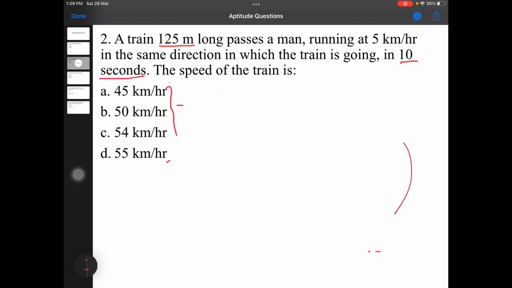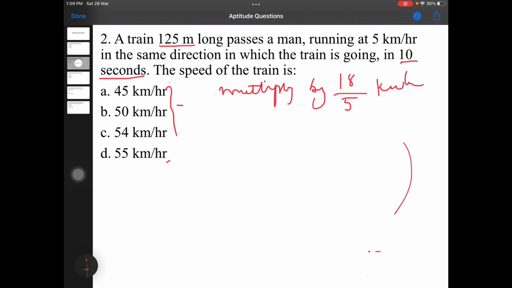So here to convert meter per second to kilometer per hour, we have to multiply by 18 by 5.